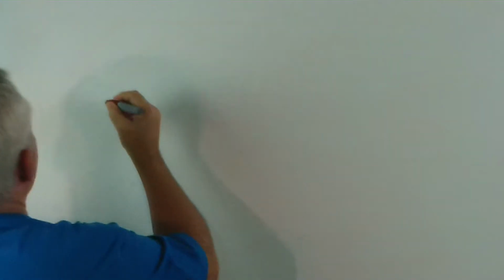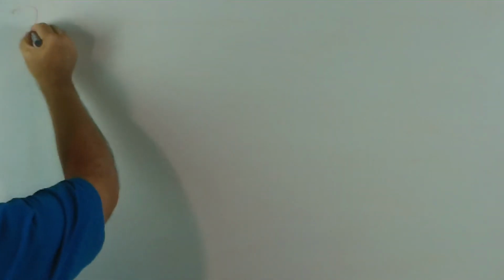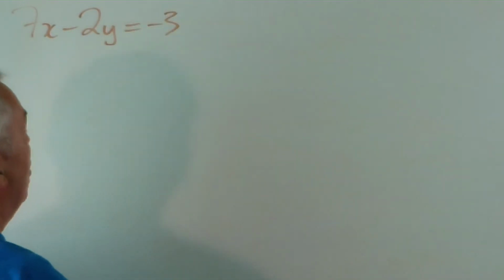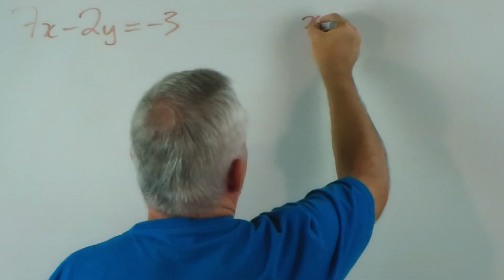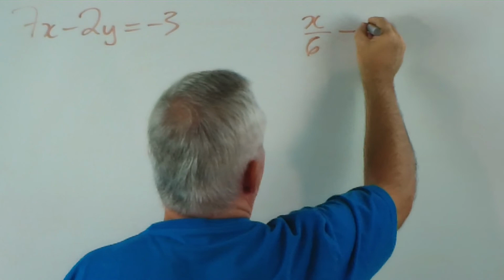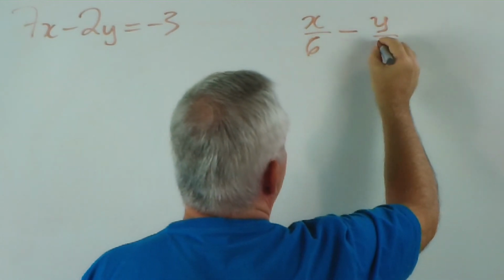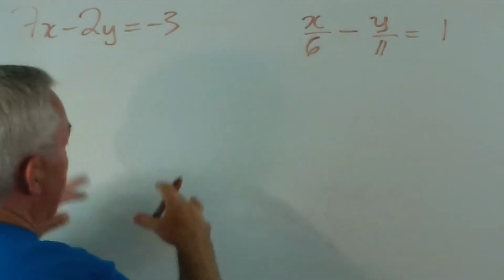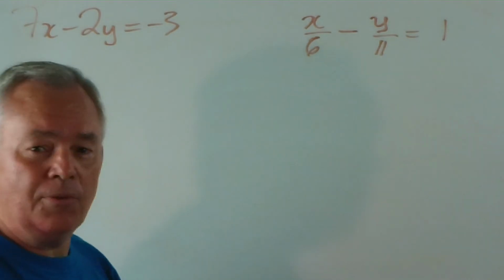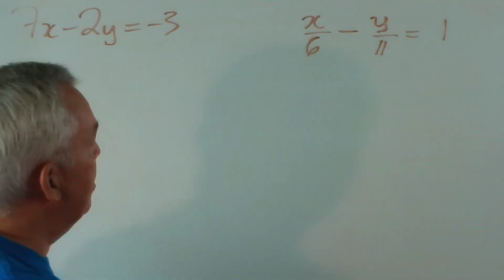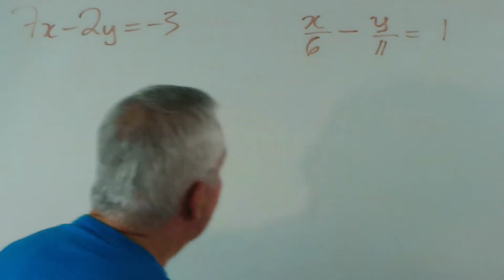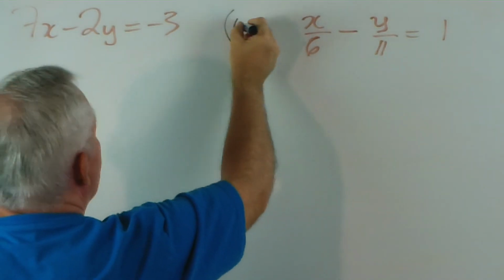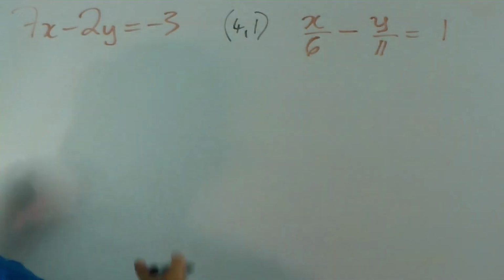So, if you're given something in the standard form, let's say 7x minus 2y equals negative 3, or if you're given something like x over 6 minus y over 11 equals 1, or some other form, and you're asked to find a parallel line and leave it in the same format, all you would do, let's imagine I want a line parallel to these through, let's use 4, 1, why not?